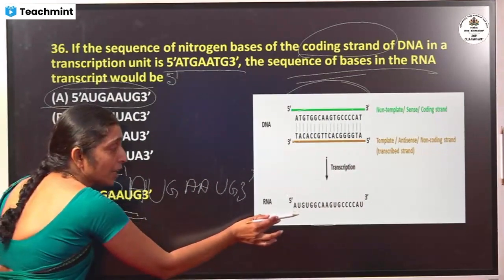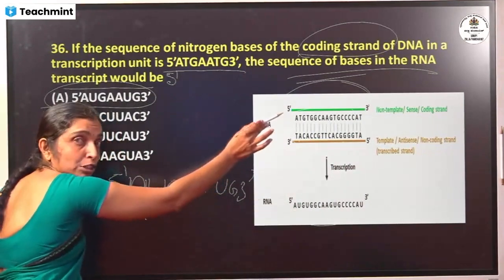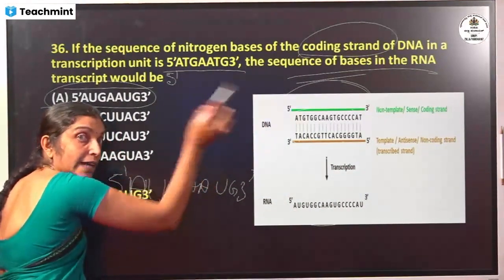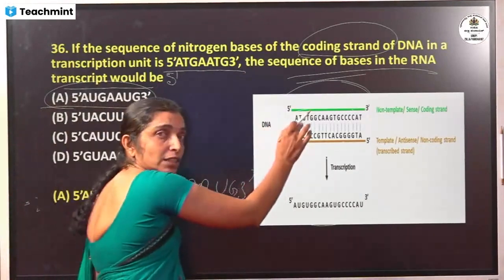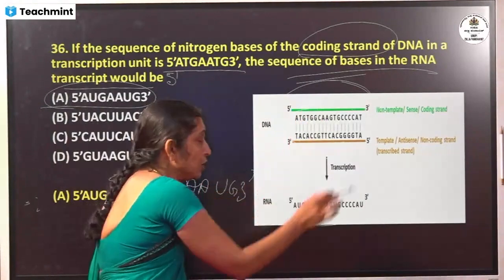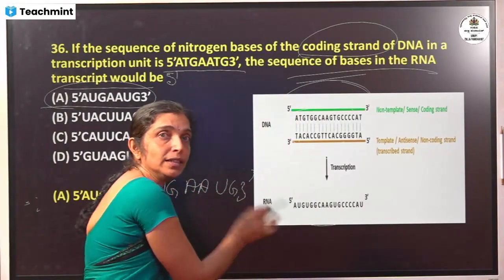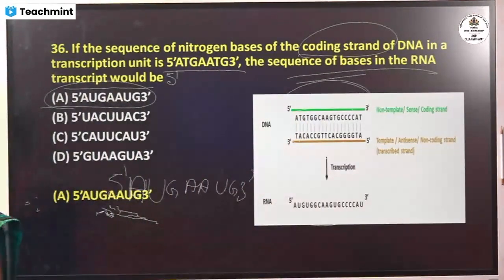So the mRNA will be exactly similar to the coding strand, except that wherever there is thymine in the coding strand, which is DNA, you will have uracil in the mRNA. So the right option is A, 5' AUG AAUG 3'.